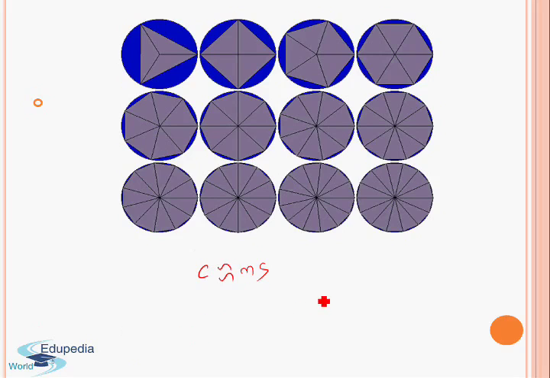That is, limit n tends to infinity, n into S_n, where the suffix n denotes the polygon. This is the abbreviation for limit. This will be equal to the circumference C.